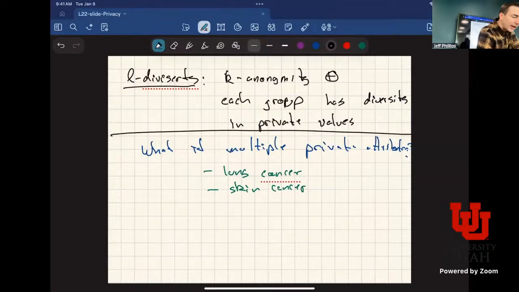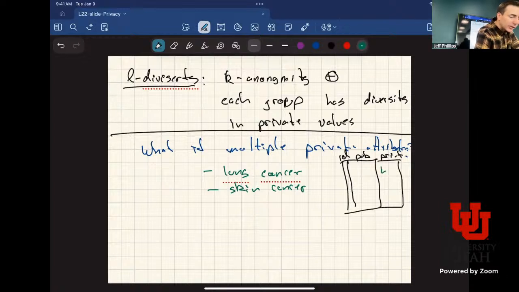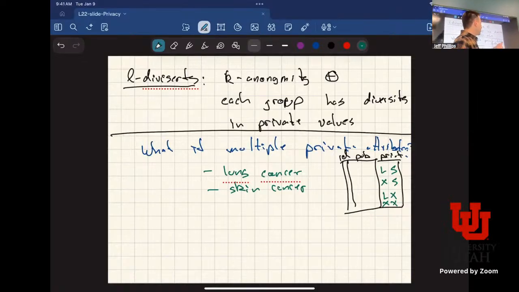So now I can have a table that has the ID, which is private, the public attributes, and then the private attributes. Okay, so then there's lung cancer, and there's skin cancer. Someone can have neither lung cancer nor skin cancer. They can have both. They can have just skin cancer, just lung cancer.